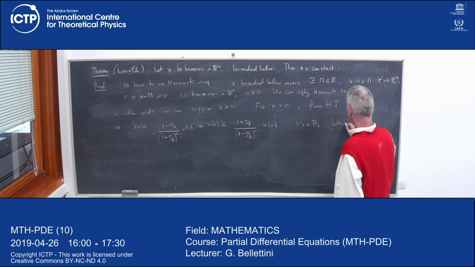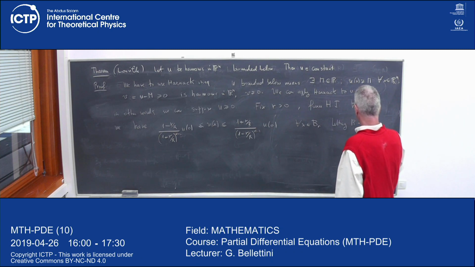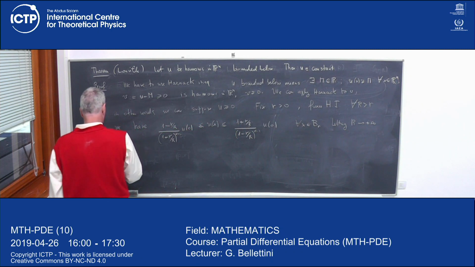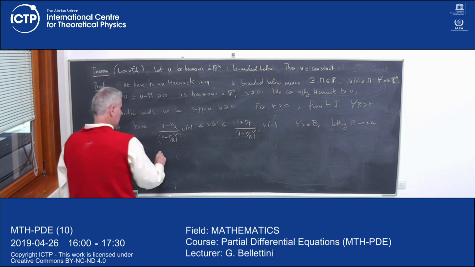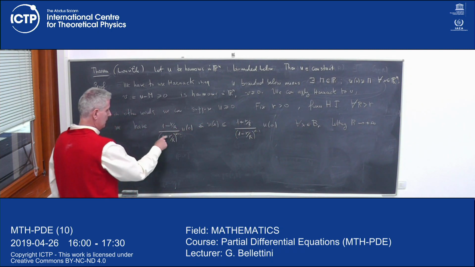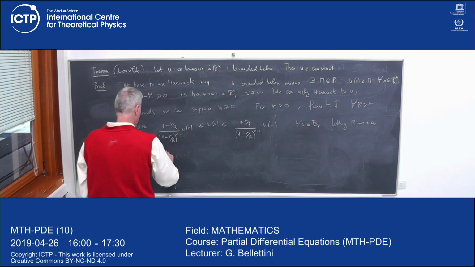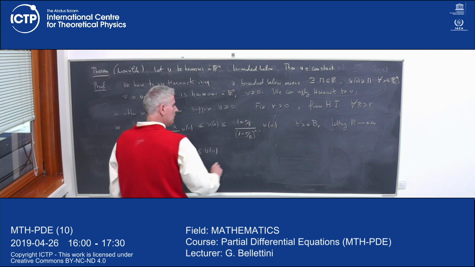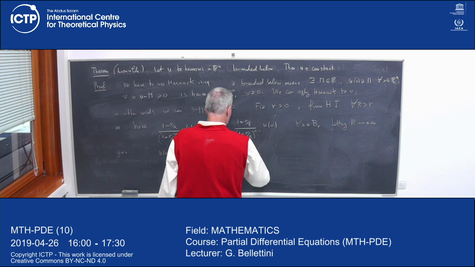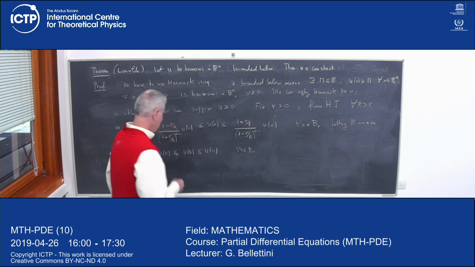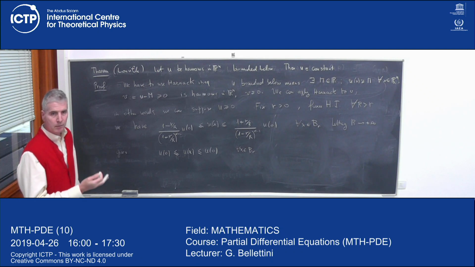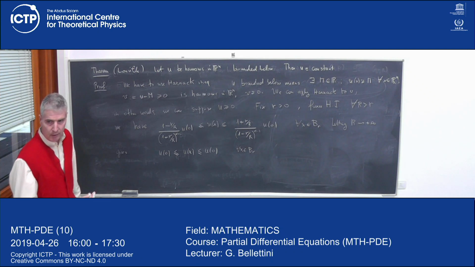Letting R to plus infinity gives, this is 1, so u of 0 less than or equal to u of x less than or equal to u of 0 for any x in the ball. Which means that u of x is constantly equal to u of 0 in the ball, but this is true for any R.